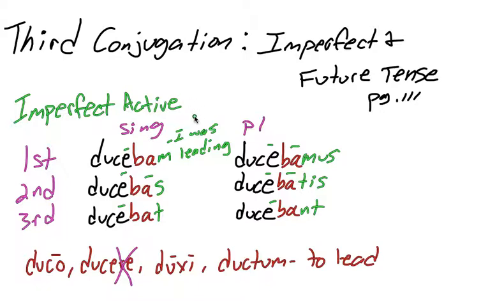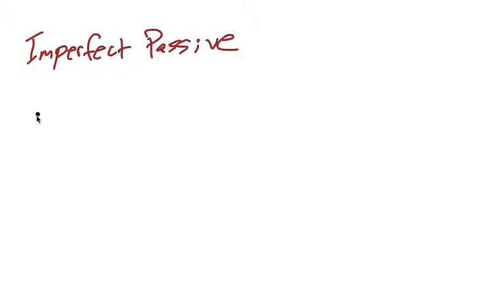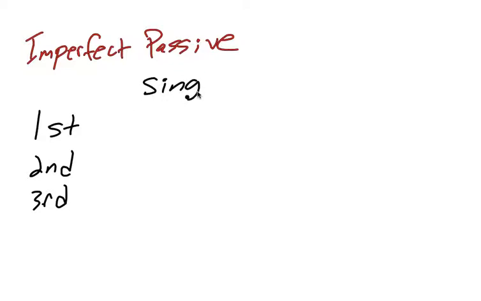Okay, now we're going to clear this and we're going to set up imperfect passive. Okay, and once again we'll set up first, second, and third person, and singular and plural. And we'll use as our model verb again duco.